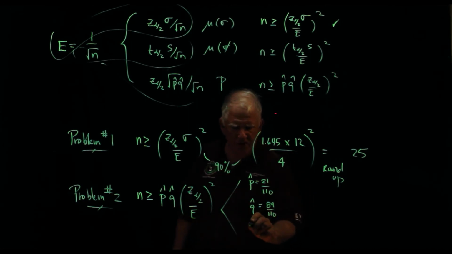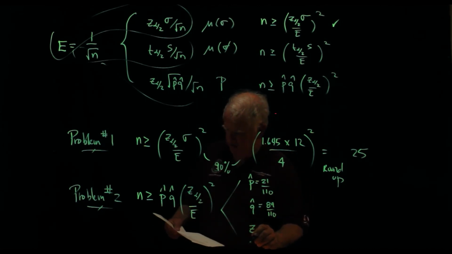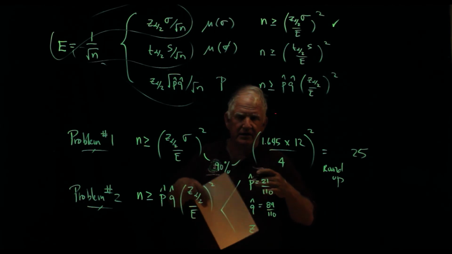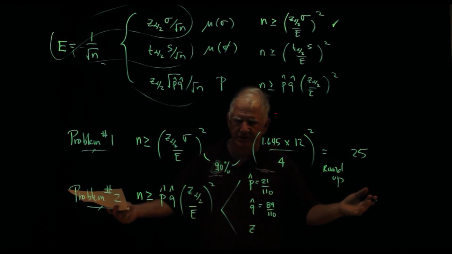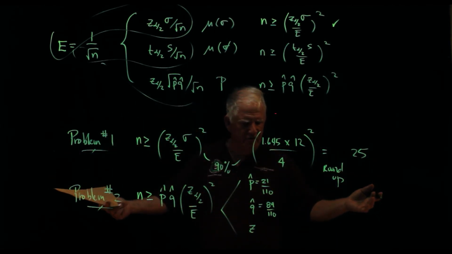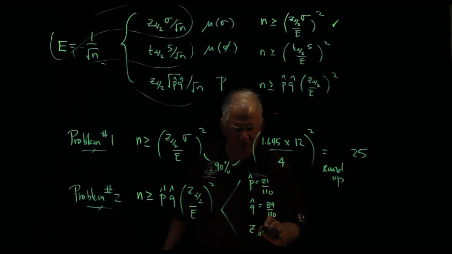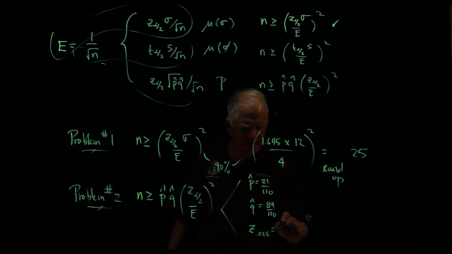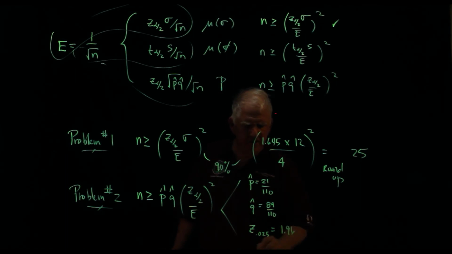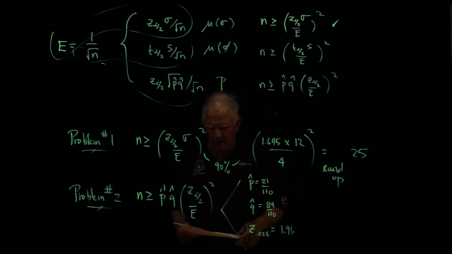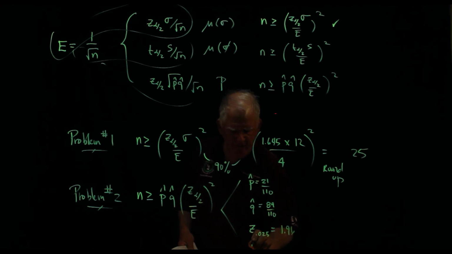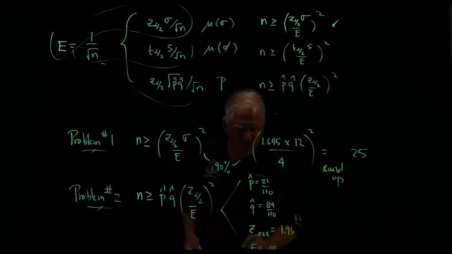Z alpha over 2. Let's see, we said we're interested in 95%. 95% turns into 5% in the wings, 0.025 in each wing. And I'm going to just cheat and say I believe that's 1.96. Again, if you'll work that out, please do. And E is 5%, 0.05.